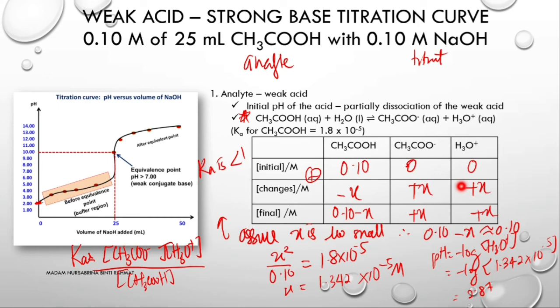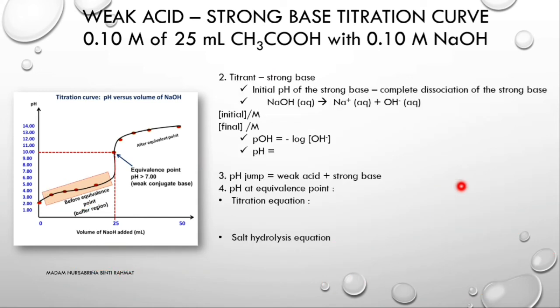At the equivalence point, all the ethanoic acid has been completely converted into the salts and water. So that's why a buffer region exists before the equivalence point, where weak acid is still available in the solution. Our strong base acts as the titrant, so that one will serve as the asymptote.